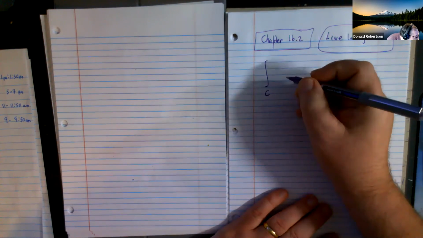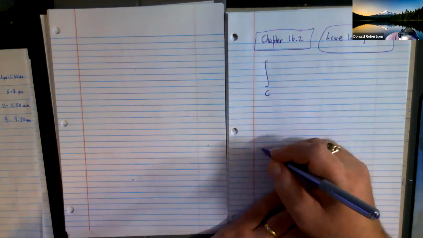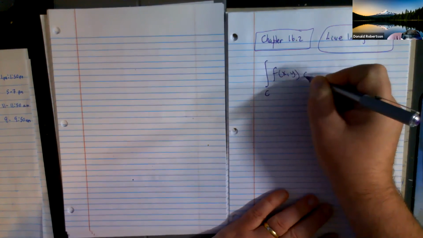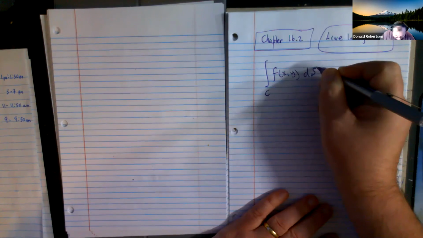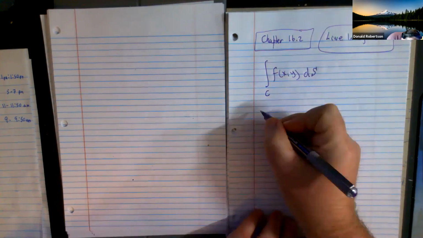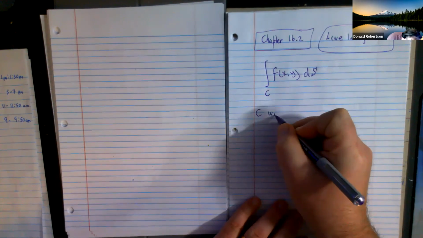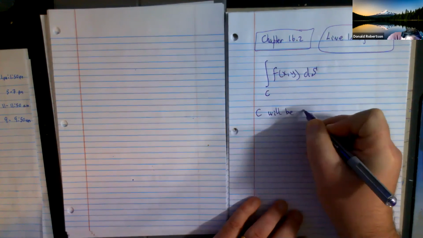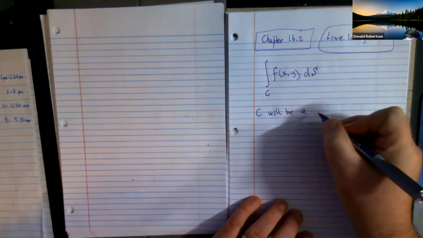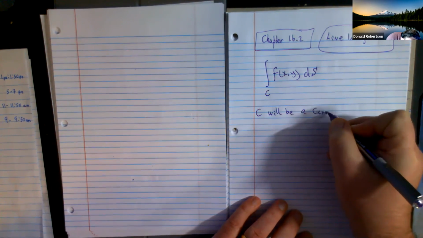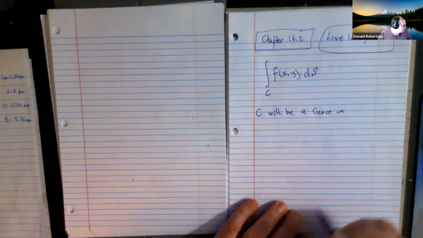There are different versions of line integrals because of different nuances on them. One of them might look like this. Right. C will be, although it's called line integral, C will be a curve in, how many dimensions is this?